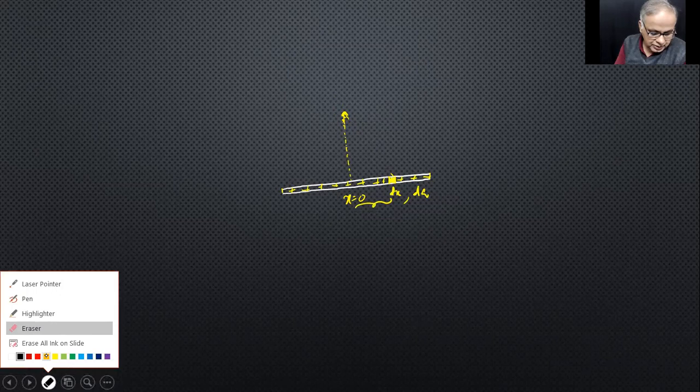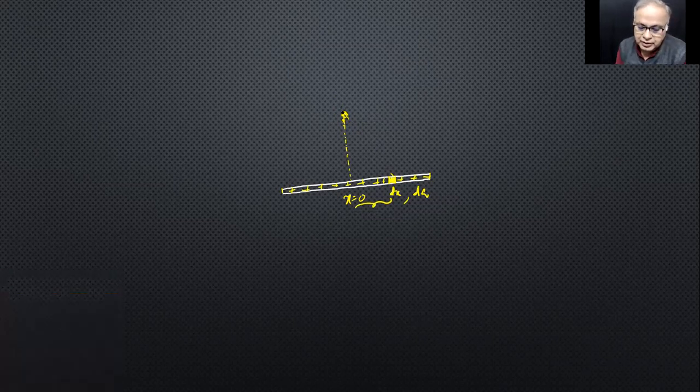Away from dq. At that point, remember, the electric field strength will be simply away from dq. Why?